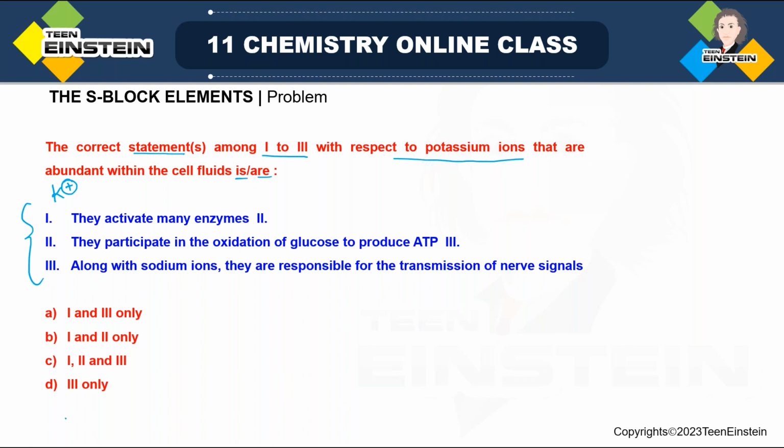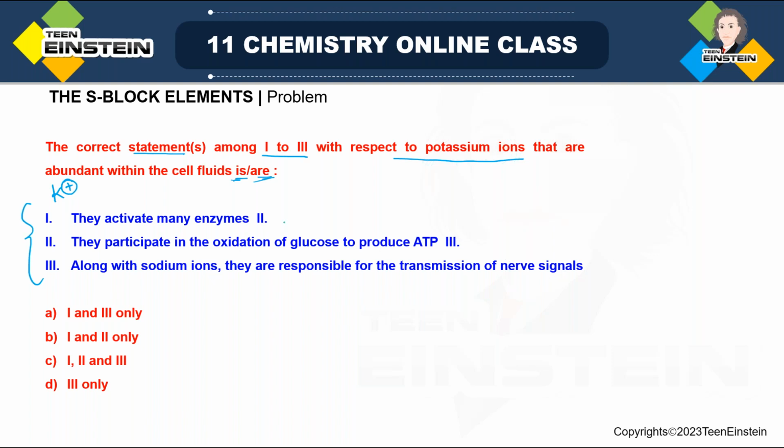Suppose you are choosing option D, then only the third statement is correct; in that case it is, otherwise it is are. But all are related to potassium ions that are abundant within the cell fluid. We have just discussed that sodium is always in the outside part. Inside there is K+, which is abundant.